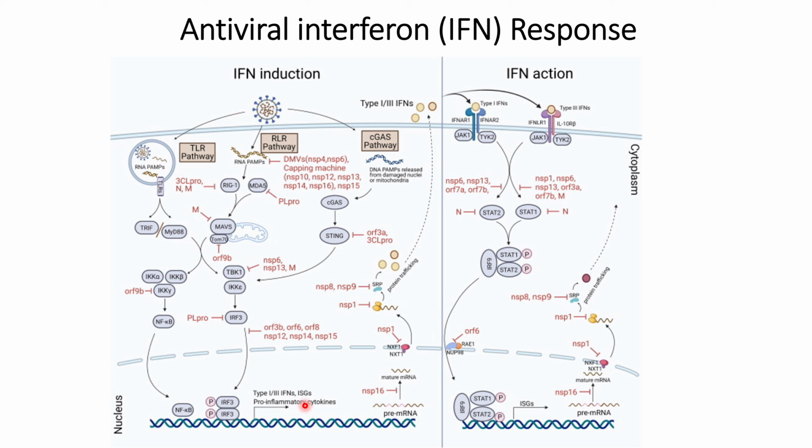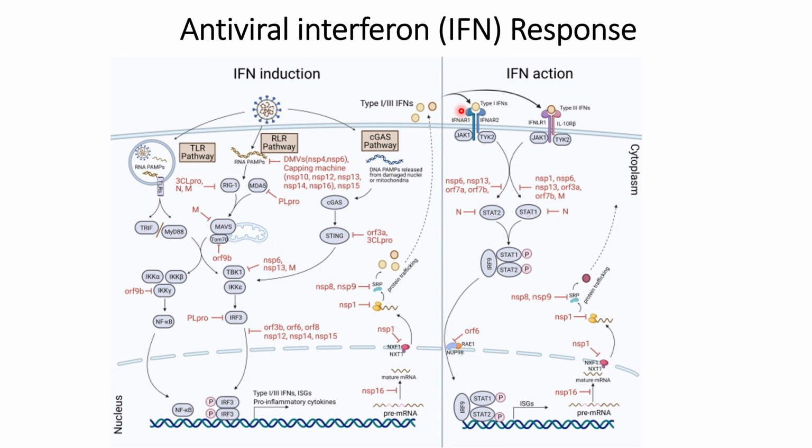That leads to the pro-inflammatory cytokines, and all this will finally trigger the formation of type 1 interferons. All the red components mentioned are to prevent the interferon formation. So viruses could target any one of these sites to prevent the interferon production, or we can say interferon induction.